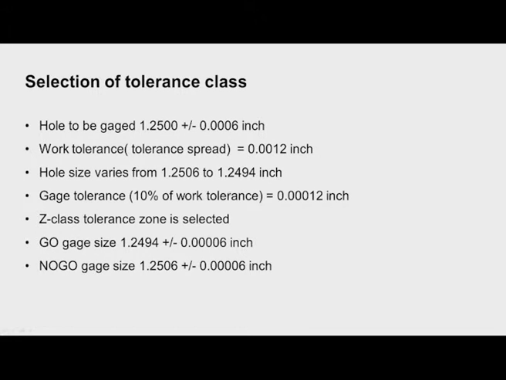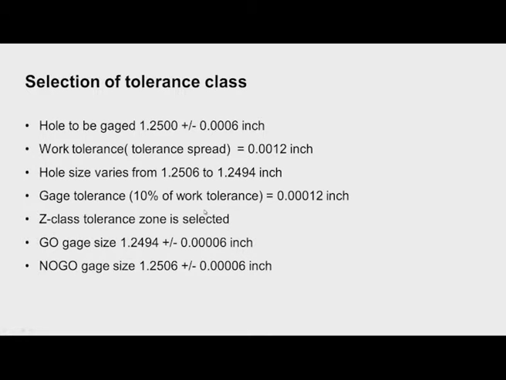Now the gauge tolerance is normally taken as 10% of the work tolerance. In this case the work tolerance is 0.0012 inch, and 10% of this will be 0.00012 inch.